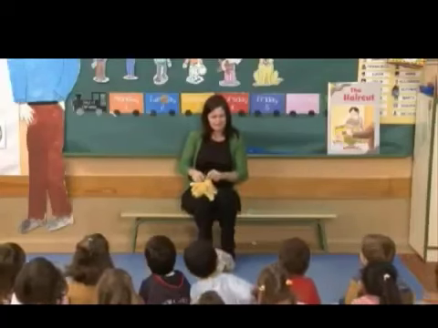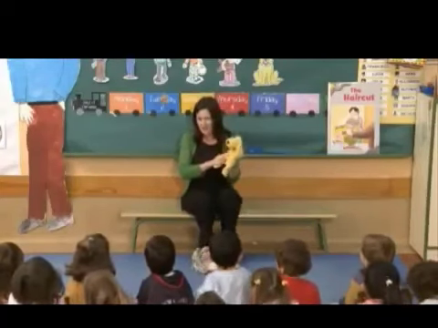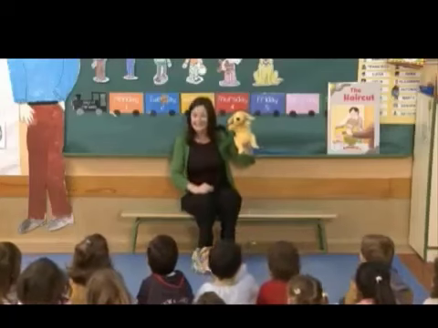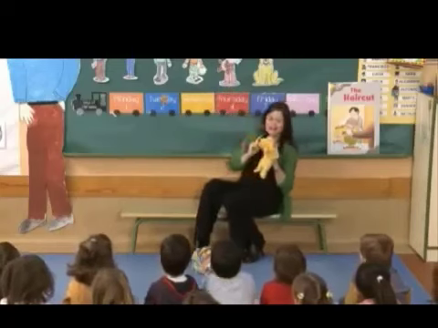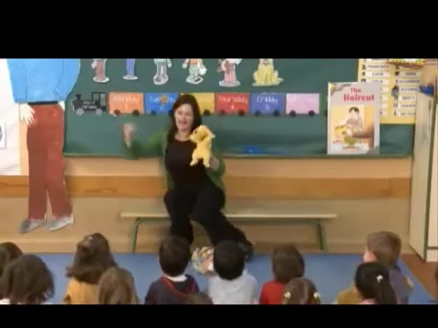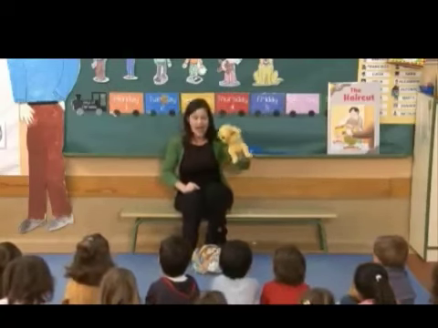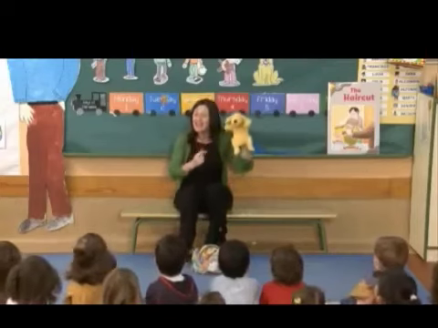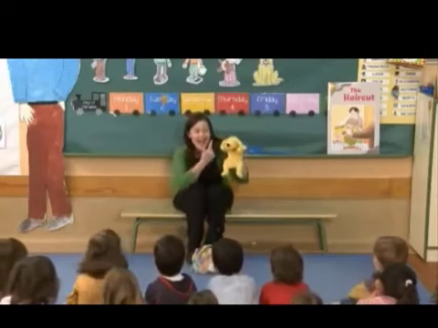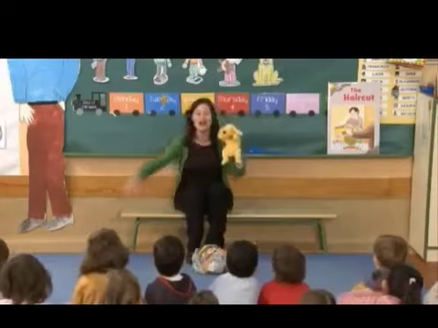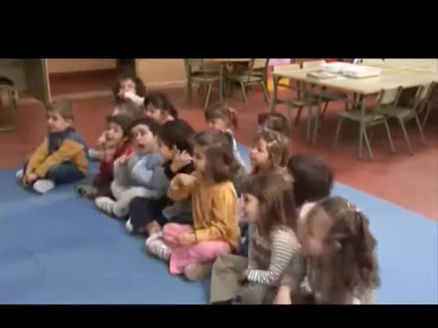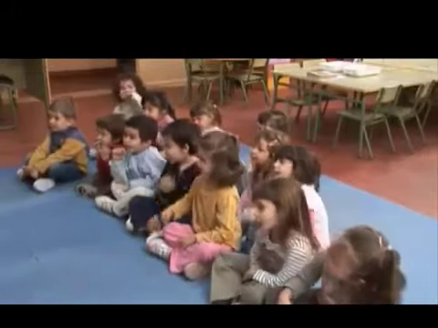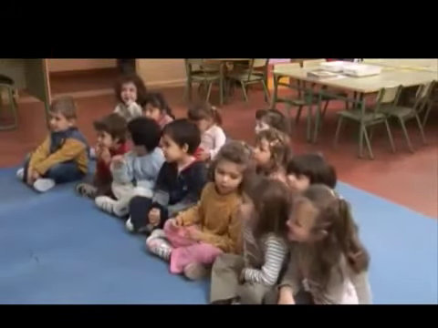Now, is Floppy happy? Yes, he's happy because Kipper is back and Dad is back. I'm happy, I'm happy, I'm happy all day long. Everybody, I'm happy, I'm happy, I'm happy all day long.